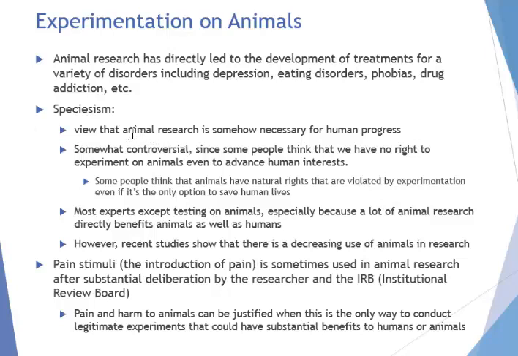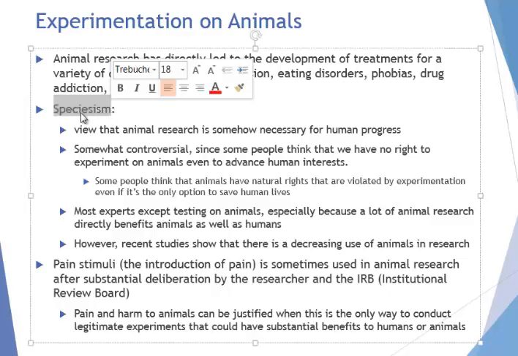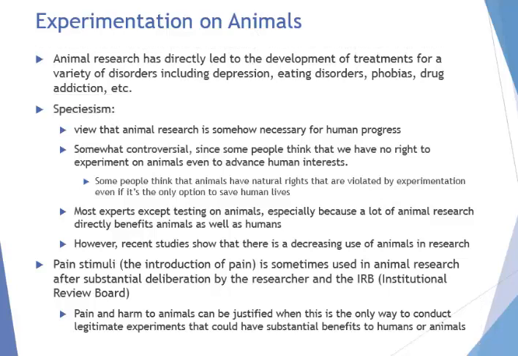The view that animal research is necessary for human progress is sometimes referred to as speciesism. Racism is when you believe your race is the highest race. Ethnocentrism is when you think that your ethnic group is the highest. Speciesism is where your species, namely the human being, is the most important.